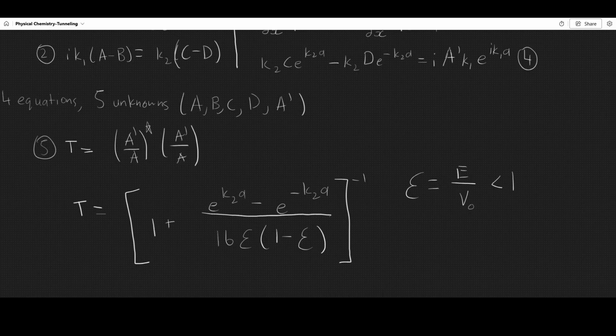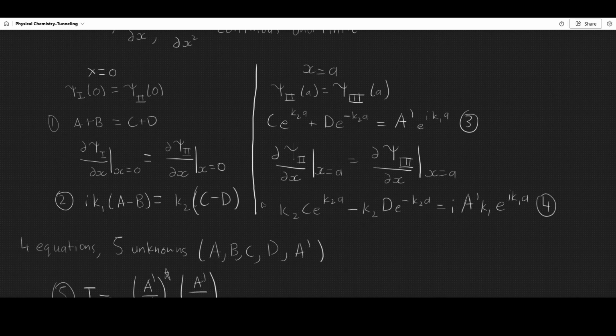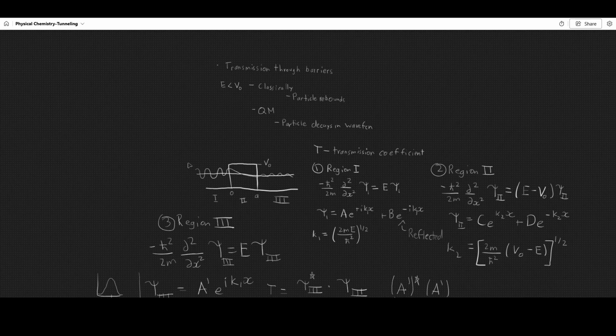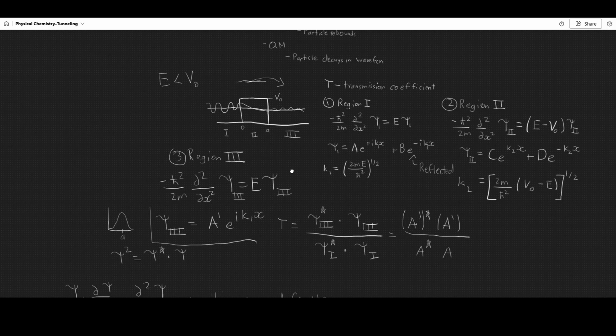This always has to be less than 1, remember, for tunneling. Because if the energy of the particle is actually greater than the potential, there would be no need for tunneling. It would just go over, right? If we have enough energy, there's no need to worry about going through here. It would fly right over the barrier. So for tunneling we need the energy to be less than V naught, because otherwise there's no reason to tunnel through the barrier. But yeah, that's what epsilon is.